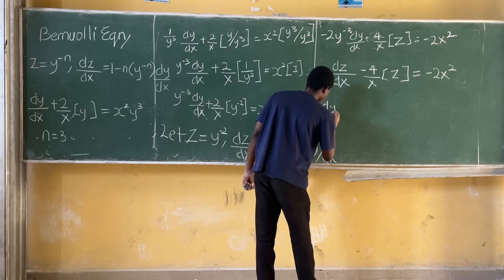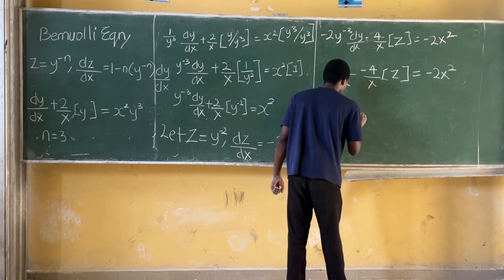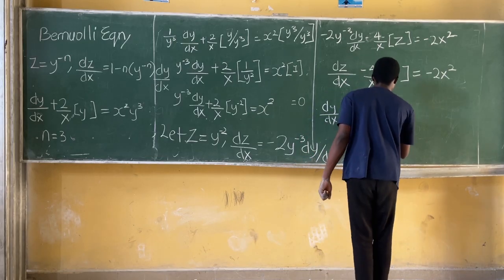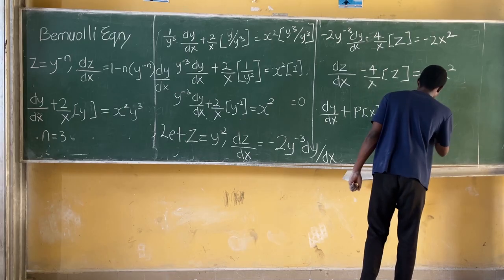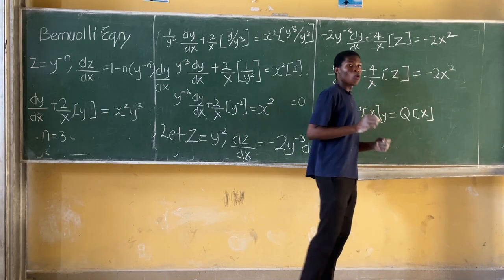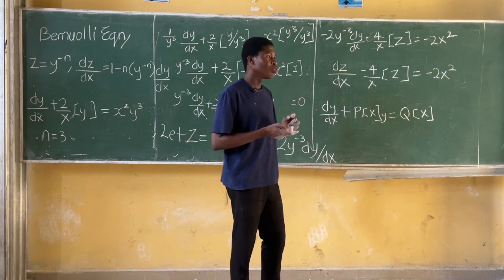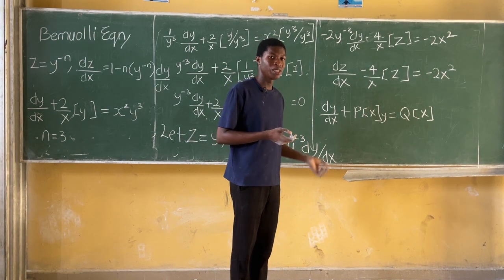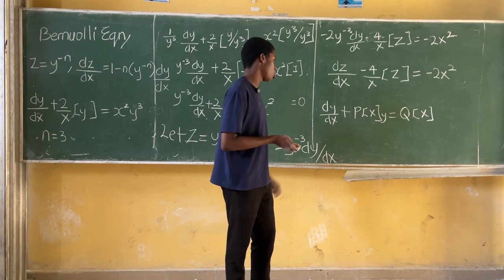This is dy over dx plus p of x y is equal to q of x. So, firstly, we'll find the integrating factor. Then we'll use the integrating factor shortcut method, substitute the integrating factor into it and find our value of z. So let's do that.